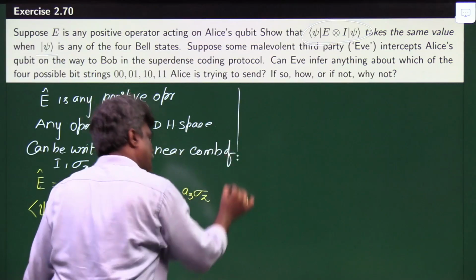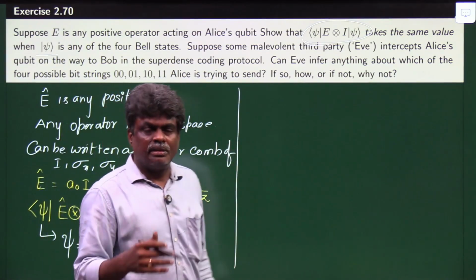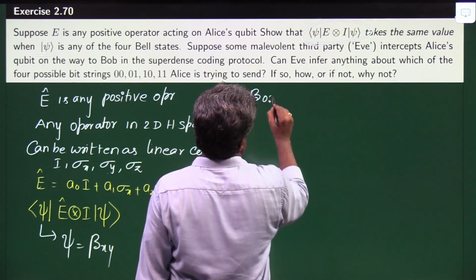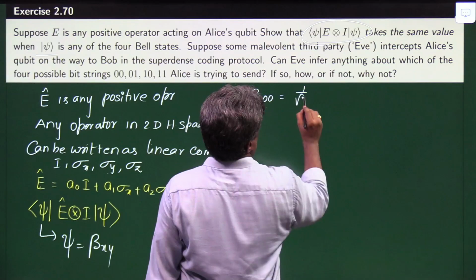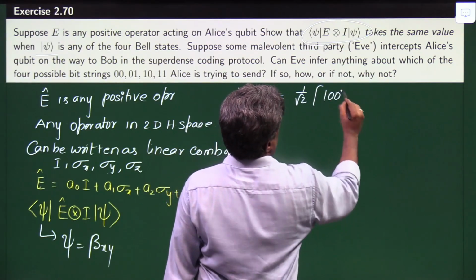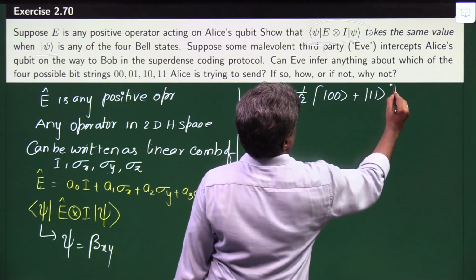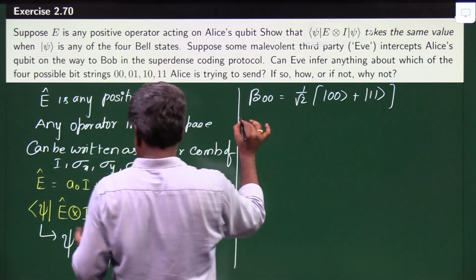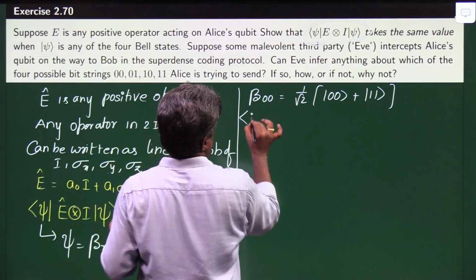For this problem, I am taking the first Bell state, but I request you to take the others also and try: beta 0 0 equals 1 over root 2 times 0 0 plus 1 1. Now I am finding the expectation value.